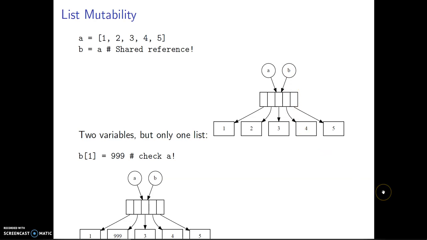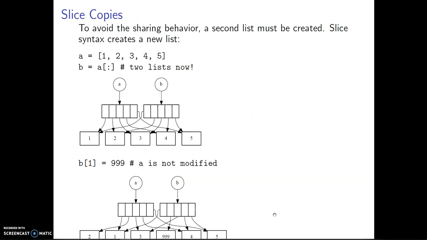So what's going to happen if we replace the first element of the list B with the value 999? What is A going to be? Well, interestingly enough, because this is what we call a shared reference, this is going to also substitute that value. So this is maybe not what you would intend, I assume.